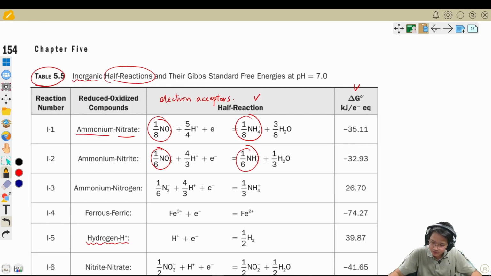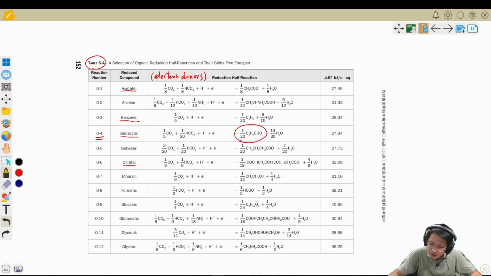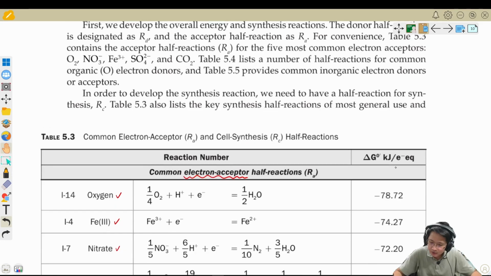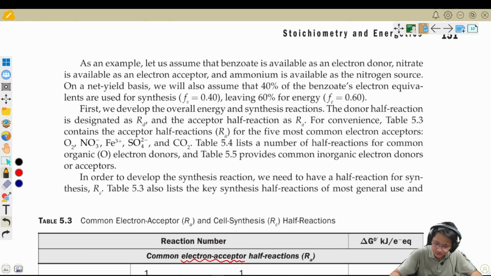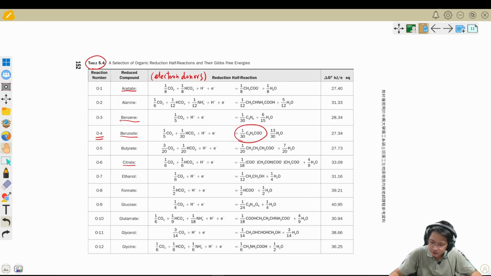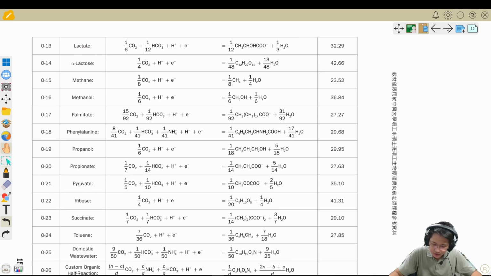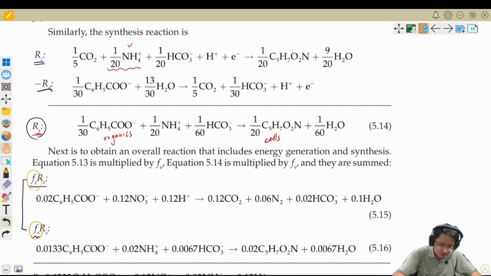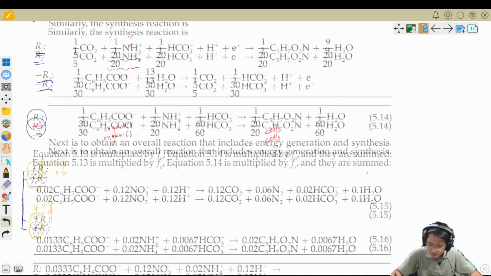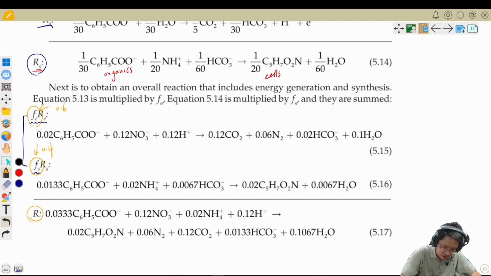So we move to our previous pages. Here I just assumed the Fs will be 0.4 and the Fe will be 0.6 for the benzoate electron equivalent reactions. So we can just put the Fs here as 0.4, and here will be 0.6, to get the final overall reaction.